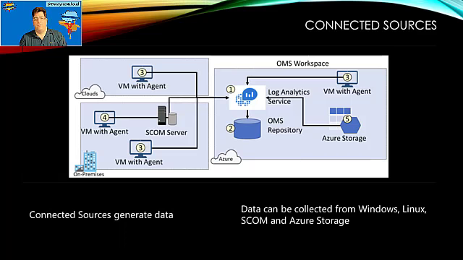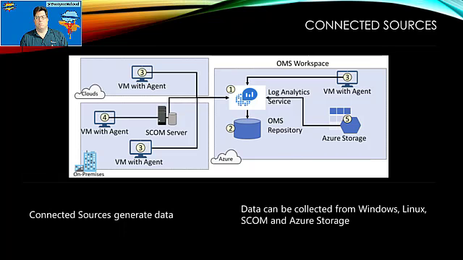From a standpoint of other cloud environments or other on-premises environments, you can put agents out on those operating systems and gather information from a Windows machine utilizing the Windows native logging services within an operating system. Same thing with Linux.